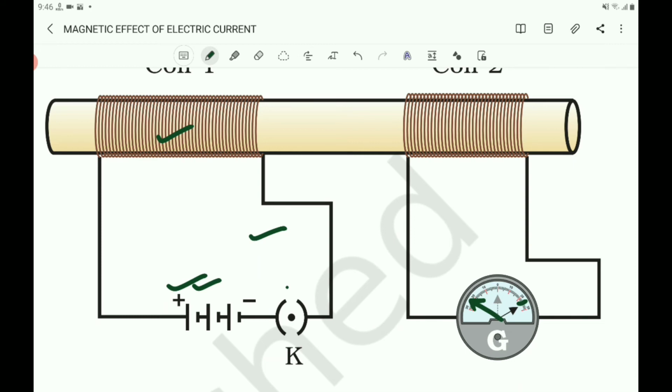It means that now the current flows in the opposite direction in coil 2. In this activity, we observe that as soon as the current in coil 1 reaches either a steady value or 0, the galvanometer in coil 2 shows no deflection.